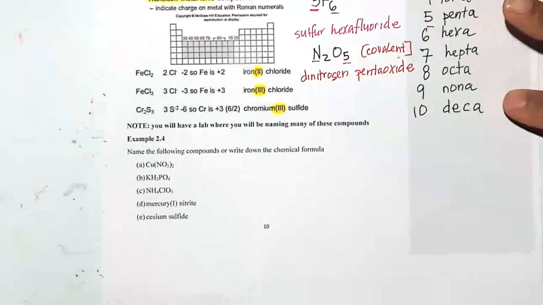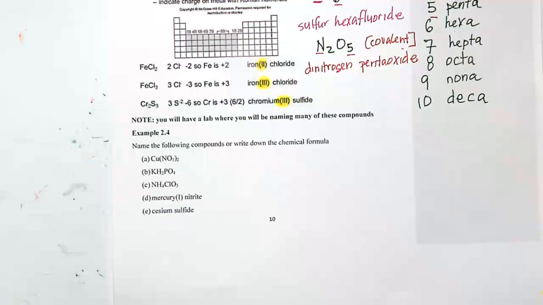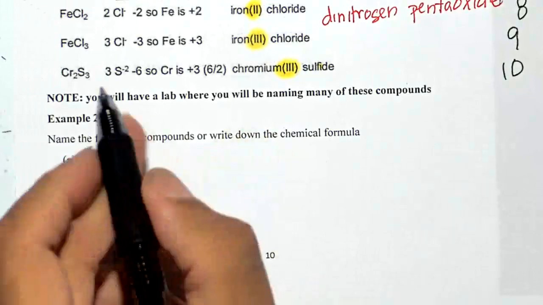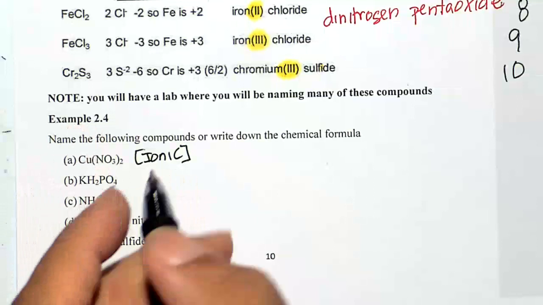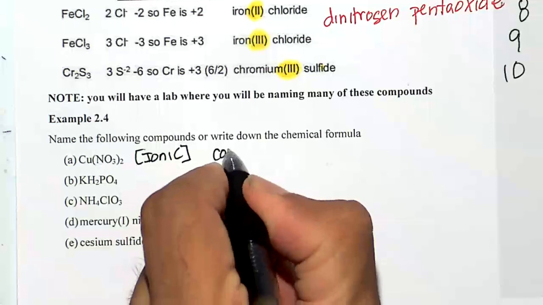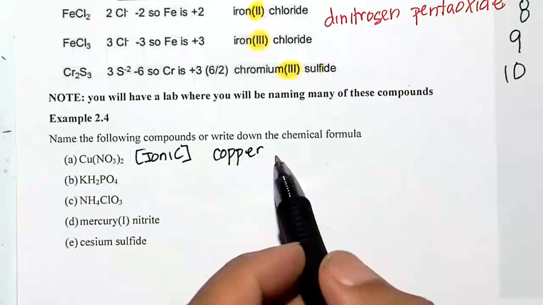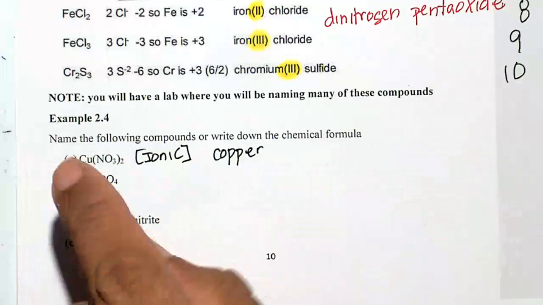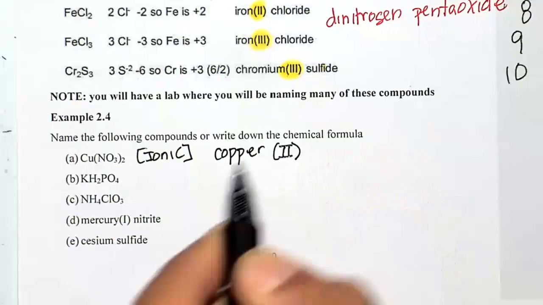All right, who wants to tackle this one here? Is this ionic or covalent? Cu(NO3), the NO3 is twice. Ionic, good, Emily. And how will you name this? What is Cu? Copper. Anything special about copper? Look where it is in the periodic table. Transition metal. So what charge would that be? Yeah, 2. What will we put it as?